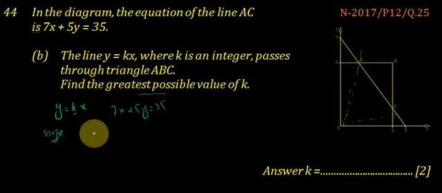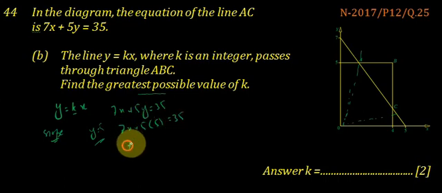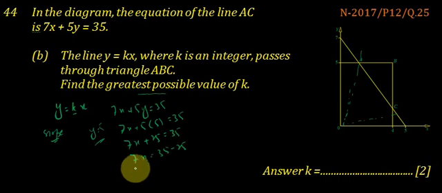We put y equal to 5, so it becomes 7x plus 25 is equal to 35, and 7x is equal to 35 minus 25, which is 10, and x becomes 10 upon 7.